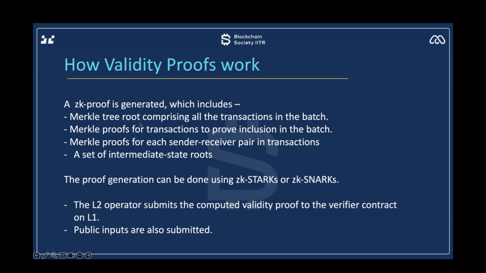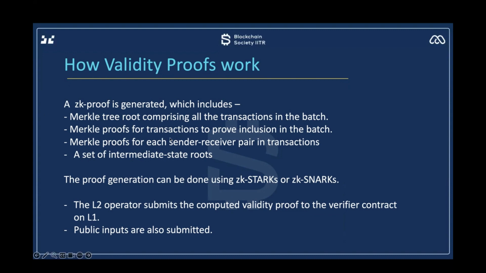First, it includes the Merkle tree root of all the transactions in the batch. Say there are 100 transactions, we'll generate a Merkle tree, and the Merkle tree root will be included in the proof. Then the Merkle proofs for transactions to prove inclusion in the batch, like whether a transaction is included or not in the batch. So we'll be requiring Merkle proofs for that.